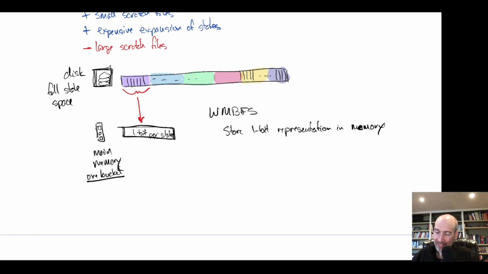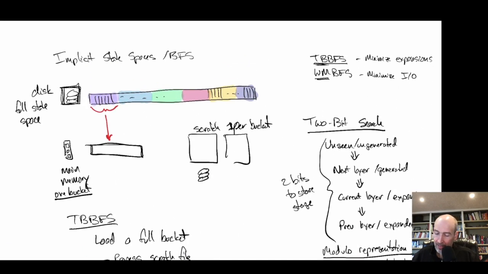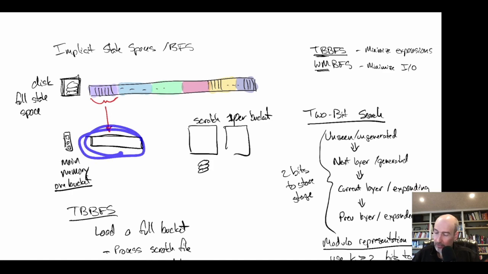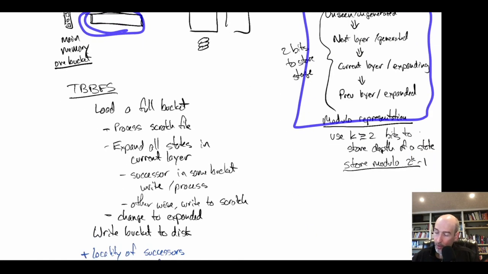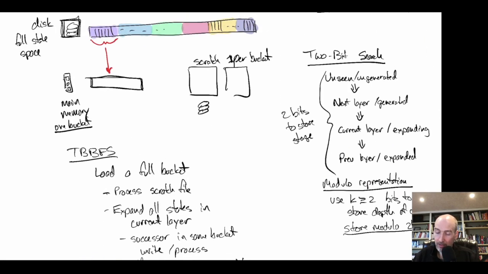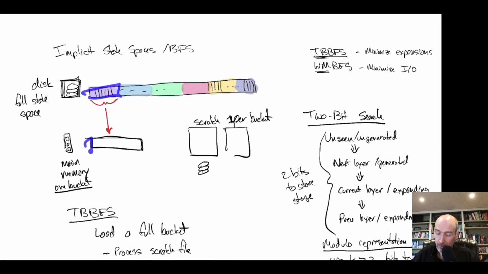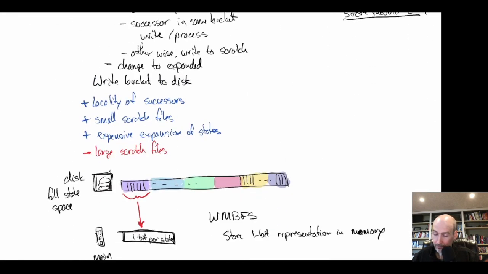And just to be clear, this representation that was sitting in memory was storing whatever the value is of a 2-bit search, or if it was a modular representation, it's storing a modular representation. All of that is being loaded directly from disk, and the same representation sits in memory and on disk.